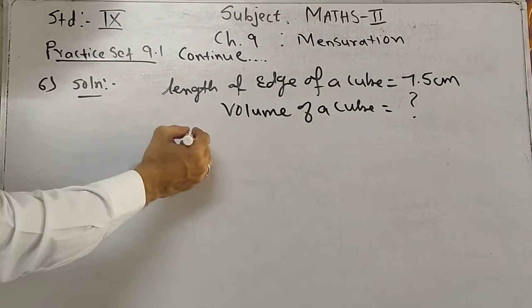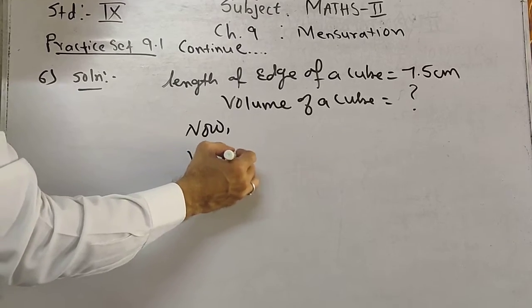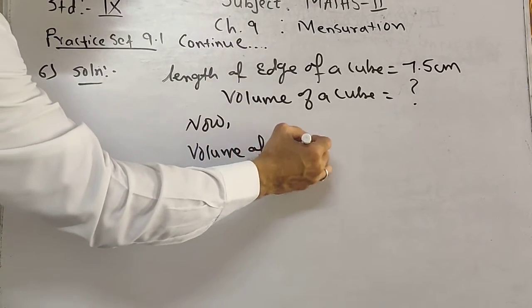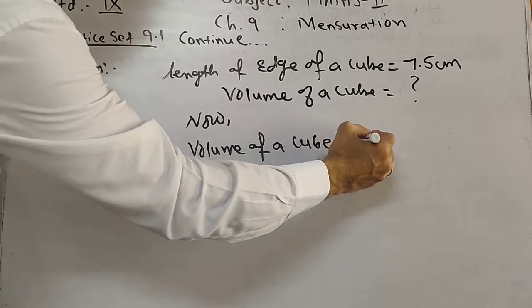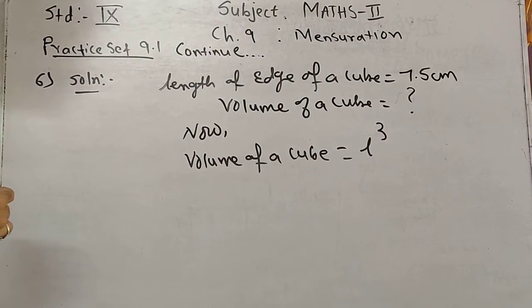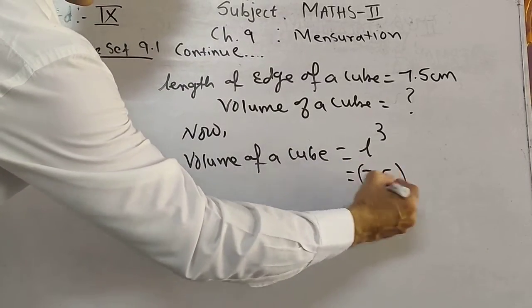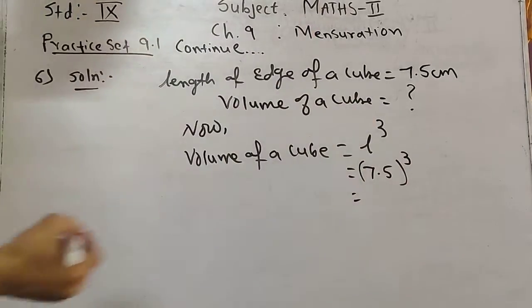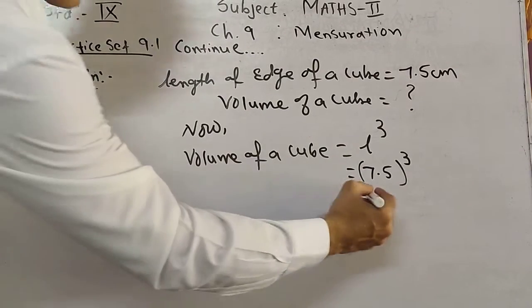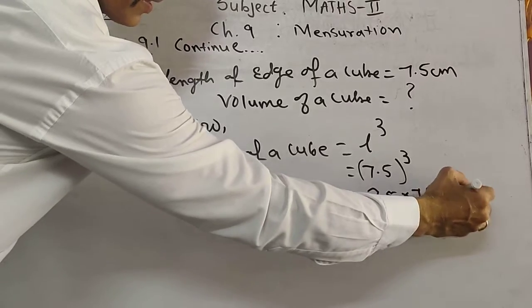So what is the volume of a cube? You know very well. Volume of a cube is L cube, side cube. So you have to do 7.5 cube. Cube means 3 times you will multiply: 7.5 multiply by 7.5 multiply by 7.5.